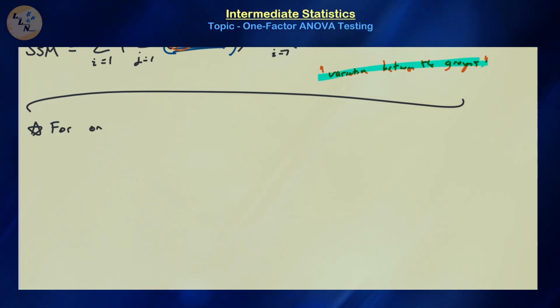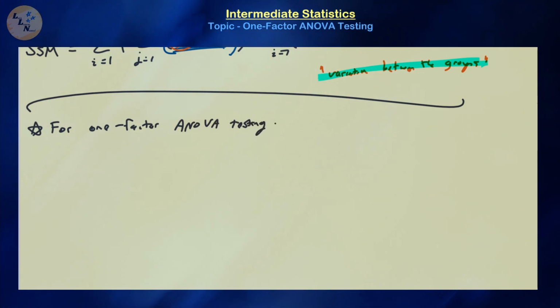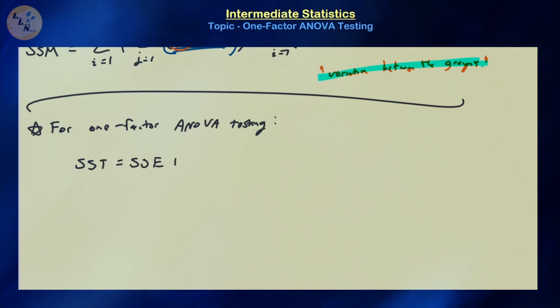So for one factor ANOVA testing, even if the cells are not of equal size, the SST is always going to be equal to the SSE plus the SSM, right?